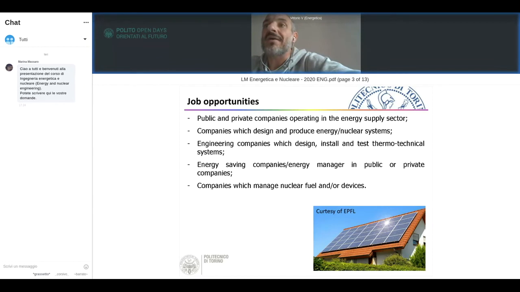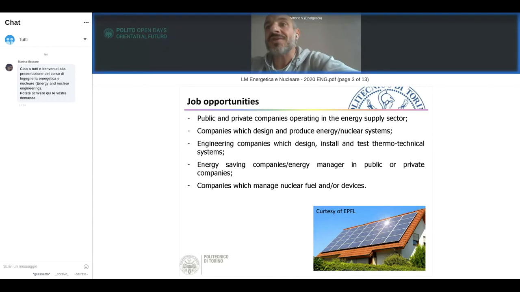These are particularly the companies which perform energy savings in the industries or in the building sector, or which perform the design of the different energy plants.